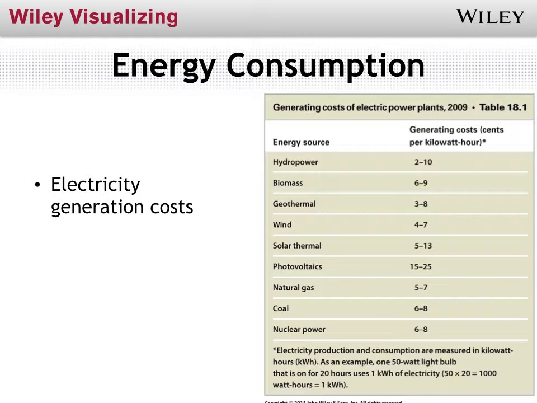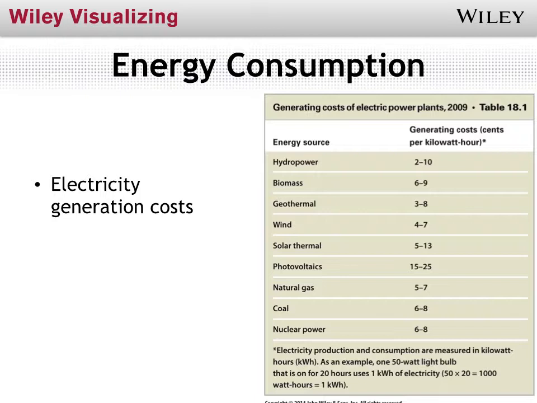And then solar thermal is still fairly high. You look at natural gas, coal, and how relatively inexpensive those are, the non-renewable resources. Although wind, geothermal, biomass, hydropower are all in that same realm.